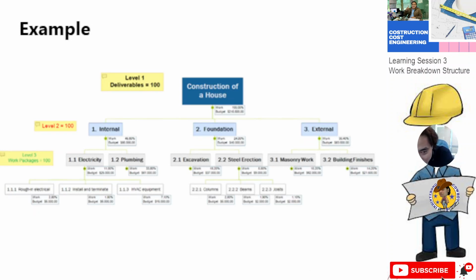Okay, so this is an example of a WBS structure estimate. We will not be computing. I'm showing you one of the outputs, because these activities are estimated using detailed, or let us say parametric or conceptual estimates.